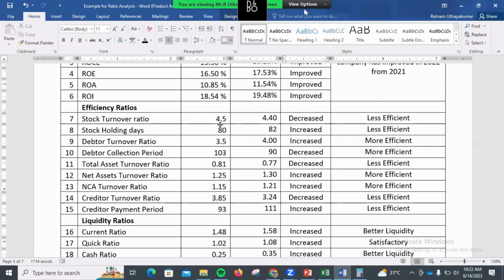So for 1 rupee of asset, 0.8 cents had been generated as income in the previous year. But in 2020, the current year, it has reduced to 0.77.